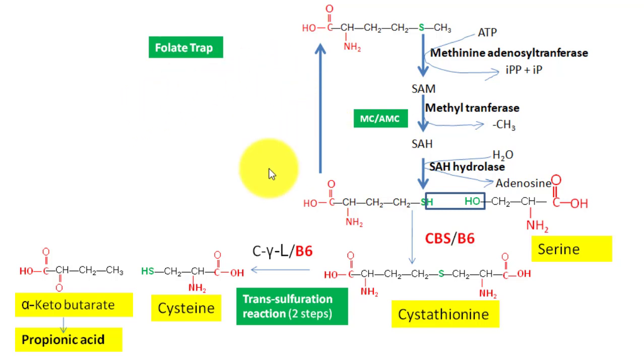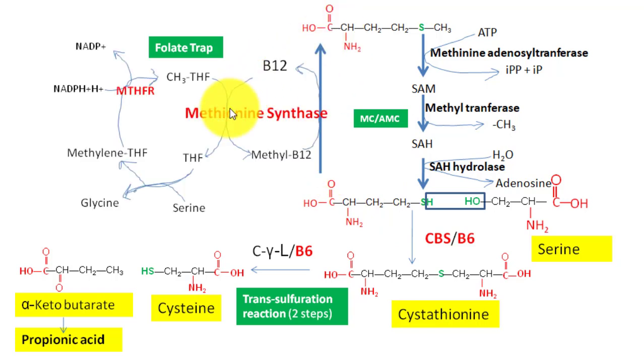So at this step, folate and vitamin B12 both are required for conversion of homocysteine back to methionine. Now let's see the reaction. Actually methyl tetrahydrofolate is the ultimate donor of the methyl group, and this whole reaction is done by methionine synthase, and that is why folate is also required.